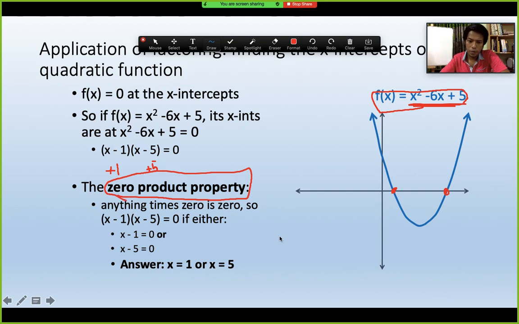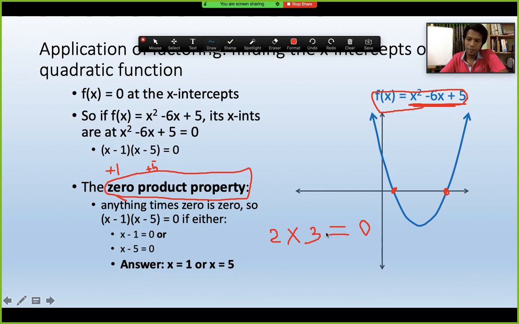Suppose I write 2 into 3 equal to 0, is it possible? You know that 2 into 3 equals 6, right? So if I say 2 into 3 equals 0, it is not possible.